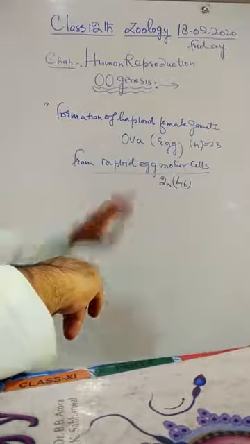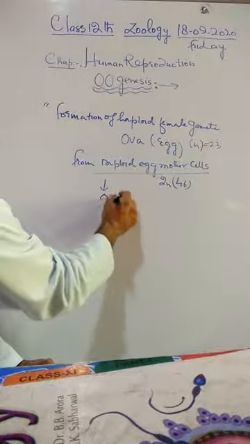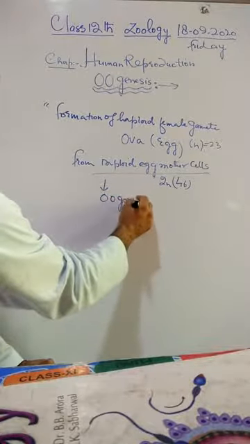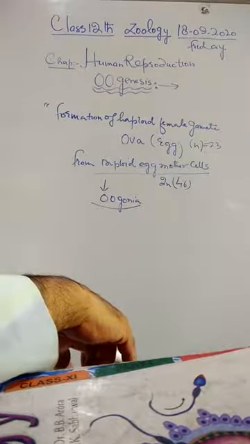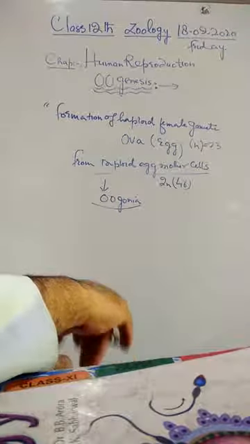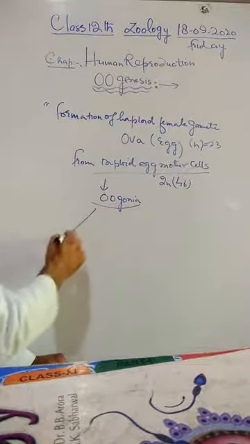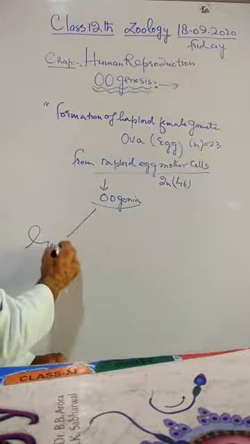These diploid egg mother cells are also called oogonia, just like the spermatogonia in spermatogenesis. Oogenesis involves two biological processes. The first biological process is called genetical programming.